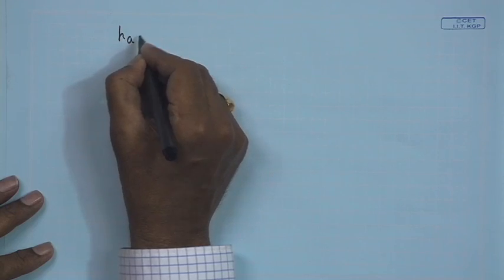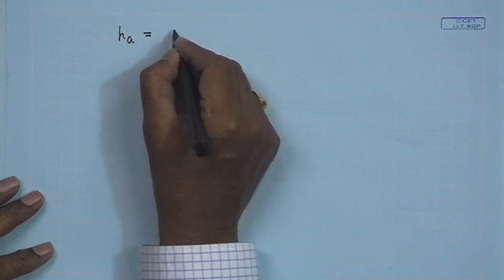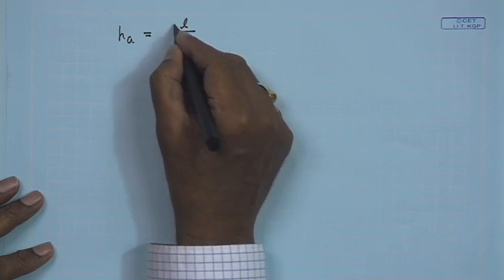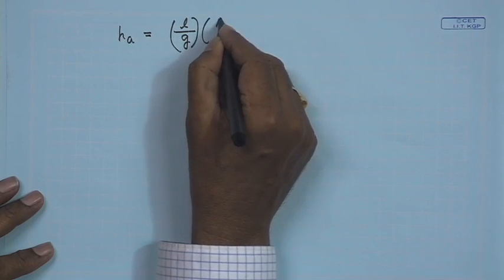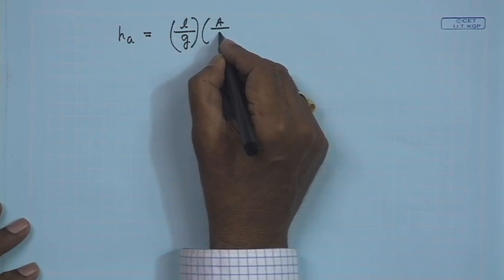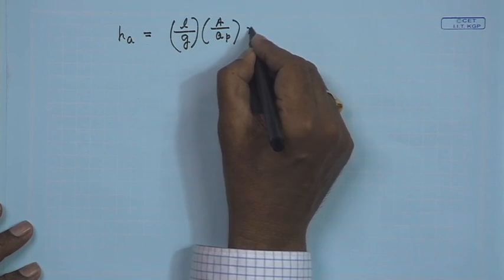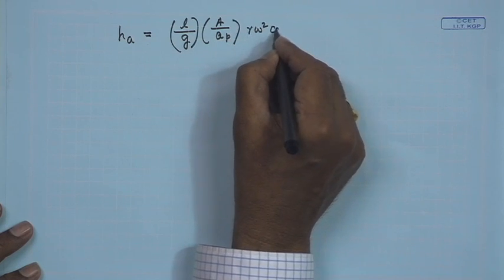The acceleration head H A is given by length over g, times the area ratio, area of the cylinder over the cross sectional area of the pipe line, times r omega square cos theta.